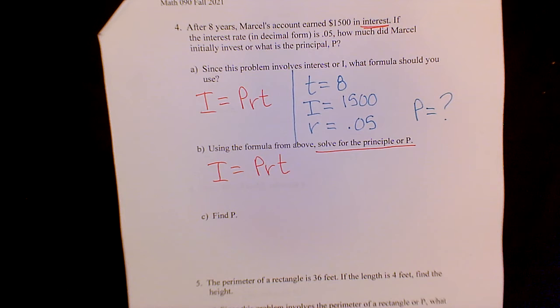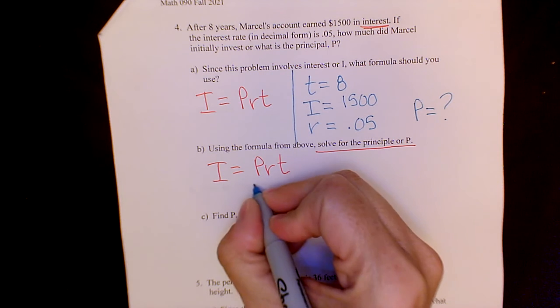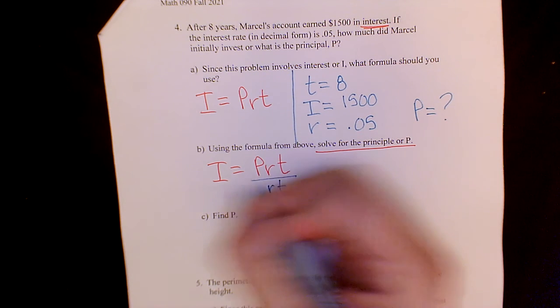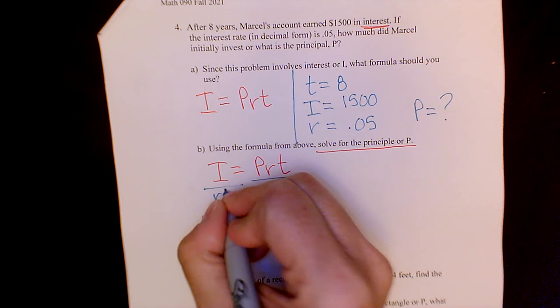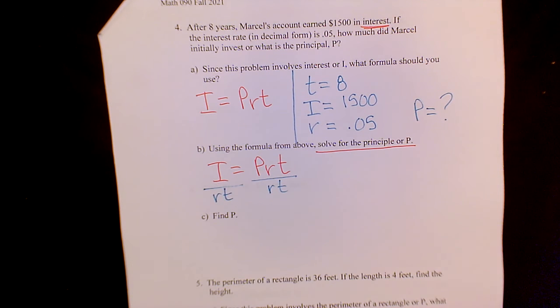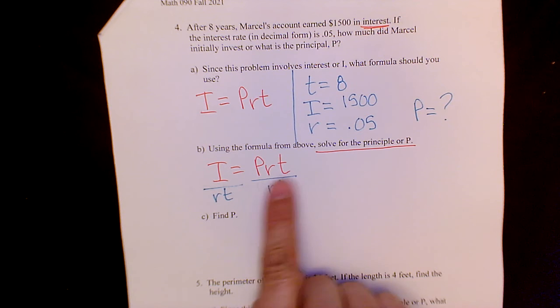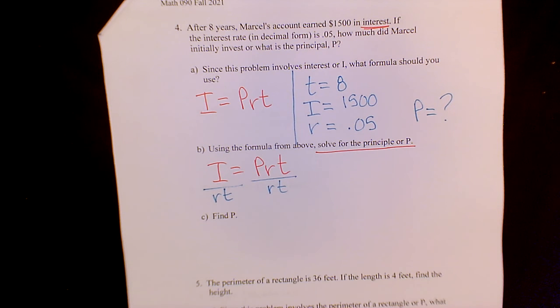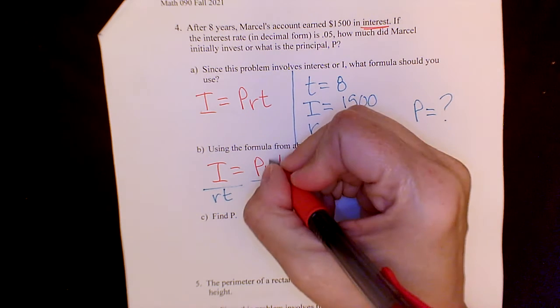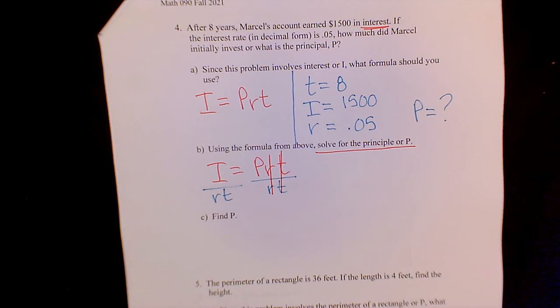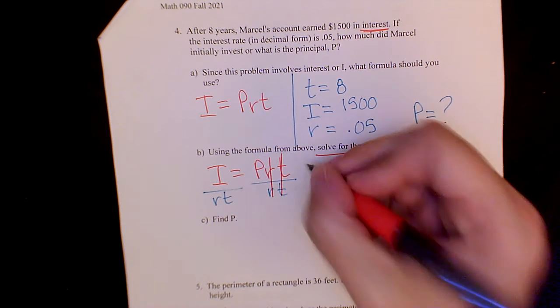And like I did with the problem before, I'm going to divide by everything that is not P. So I'm going to divide by RT because I want P to be alone. So I'm dividing out by R and T. What I do to one side, I have to do to the other. So these R's cancel, these T's also cancel out or get divided out.